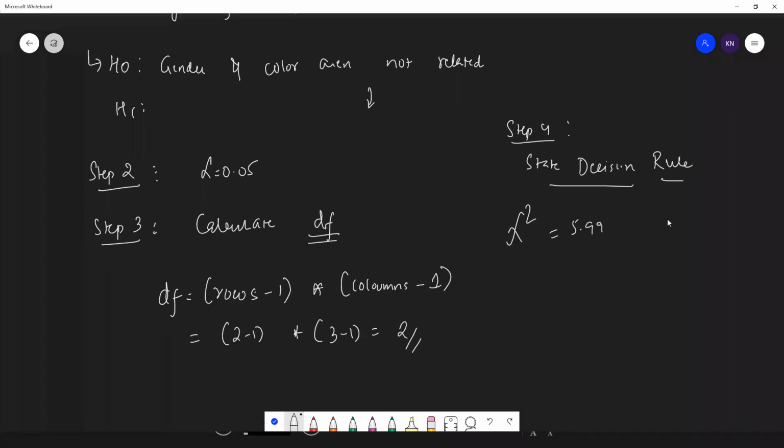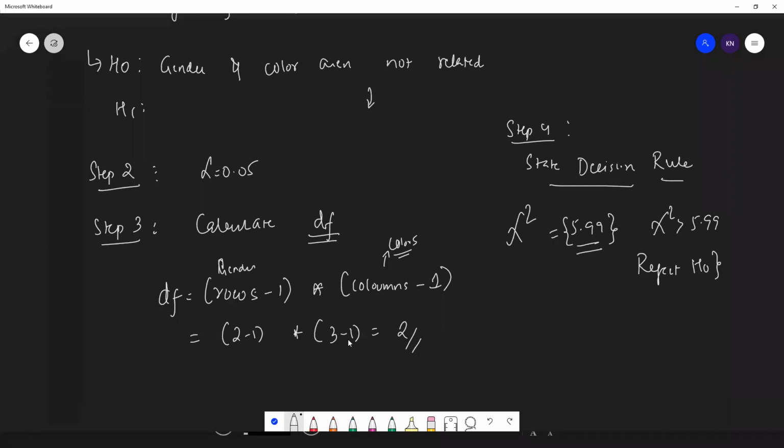if it is greater than 5.99, we reject H0. Again I told you, this formula changed because now you have genders and another column of colors. So here I have taken rows and columns, two different categories. Yes, these values come from the chi-square table.